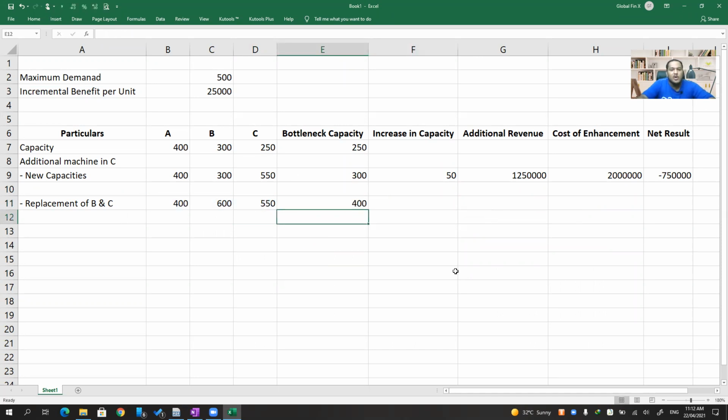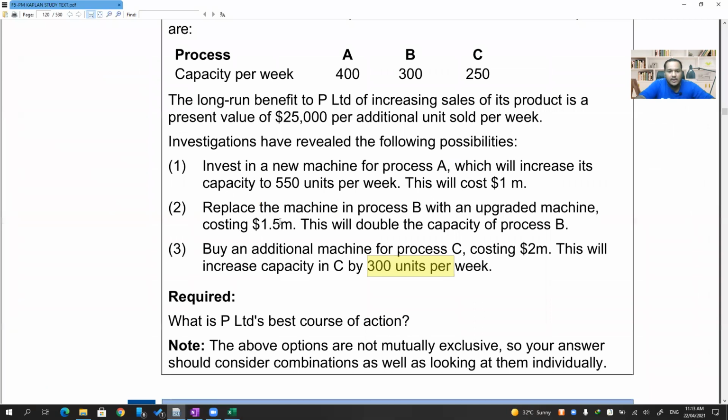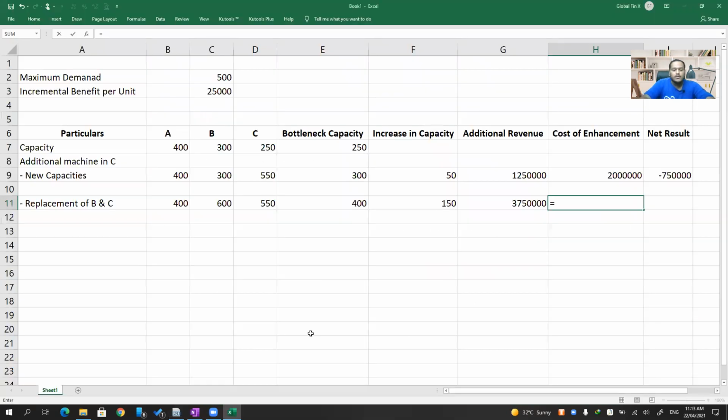Now A is becoming the bottleneck, which is good. B and C both are enhancing the overall capacity. Increase in capacity from the original would be 400 minus 250, that means 150 is the increase in capacity. Additional revenue will be 150 into 25,000 per unit. That's 3.75 million. What is the cost of enhancement? 1.5 million for machine B plus 2 million for machine C, 3.5 million.